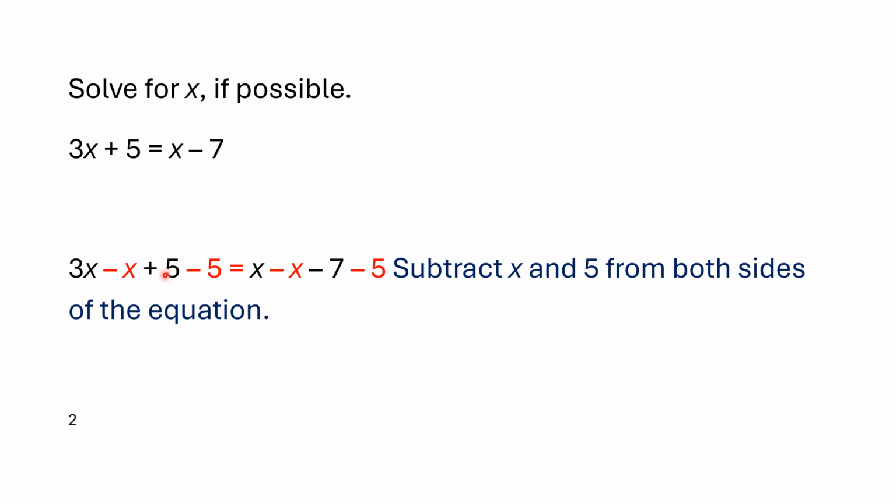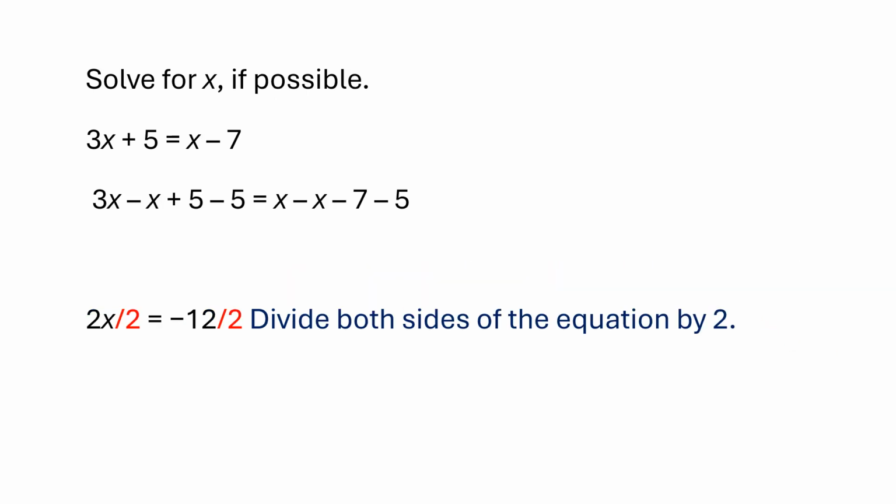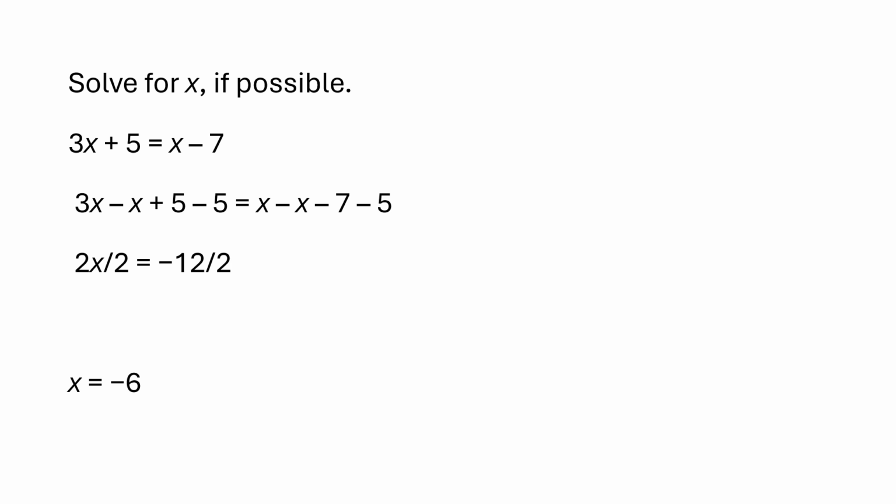So we're going to subtract 5 from each side. 5 minus 5, -7 minus 5. This ends up with 2x equals -12, which we have to now divide by 2 on each side. And we end up with x equals -6.